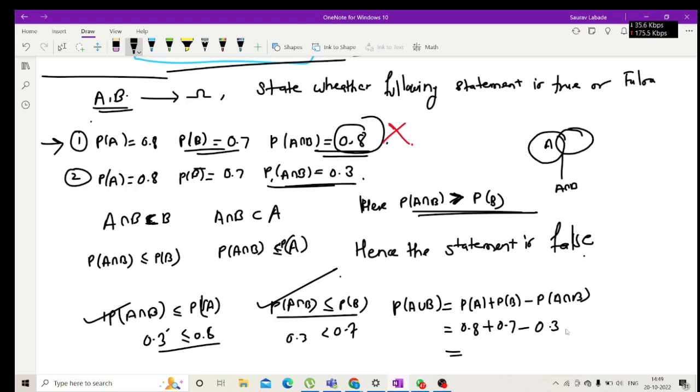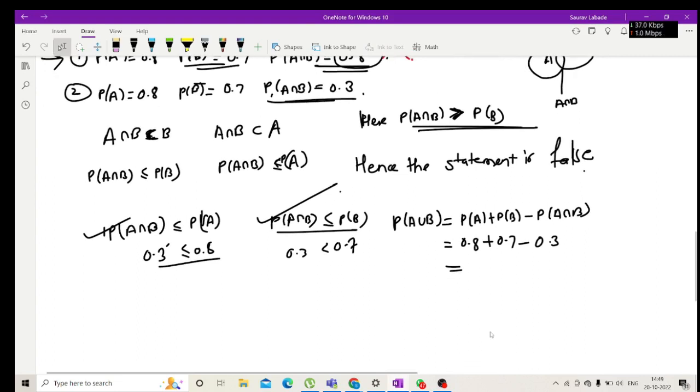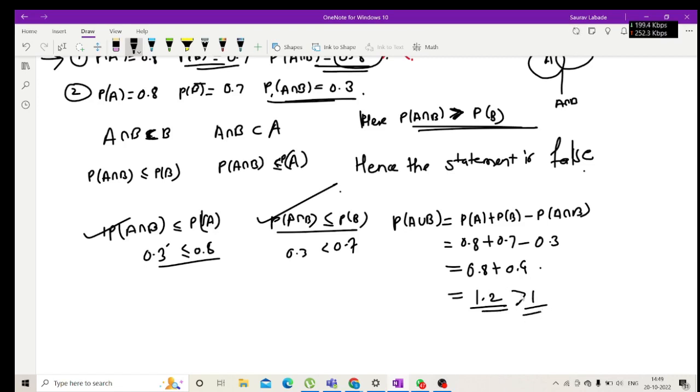If you find this answer, it is 0.8 plus 0.4, which is not 0.1, it is 1.2. This is greater than 1.